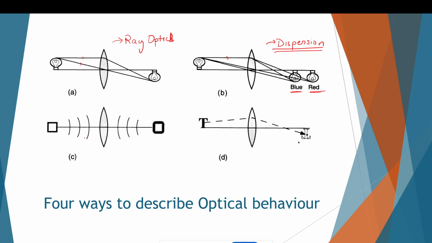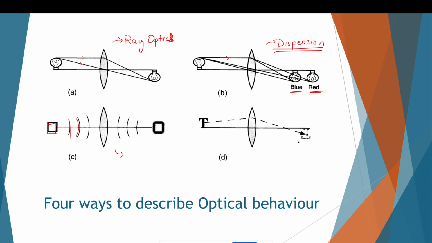In the third case, there's an object emitting light, and now the lens is so small that the size of the lens is of the order of the wavelength of the light. I am seeing a slightly blurred image on the other side. How can I explain such a phenomenon?